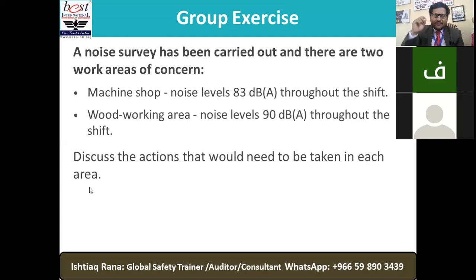So whenever we resolve any issue related to health and safety, could be the risk, could be the hazard, make sure we start from the hierarchy of control: elimination, substitution, engineering controls, administrative controls, or PPE.